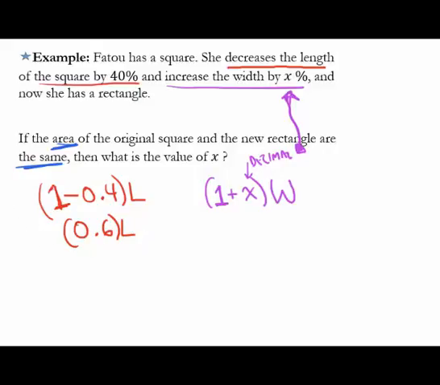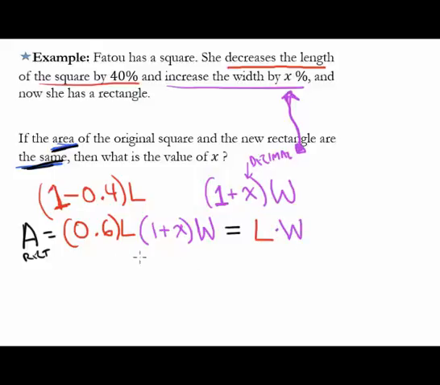And if I want to find the area, of course the area is nothing more than length times width. And so the area of the rectangle is 0.6 of the original length times 1 plus x of the original width, that's the increase of x%, okay, and all of this, I want it to be the same as the original square, which was the original length times the original width.